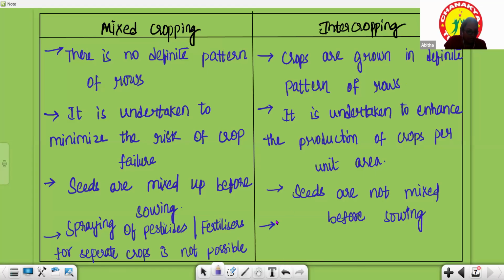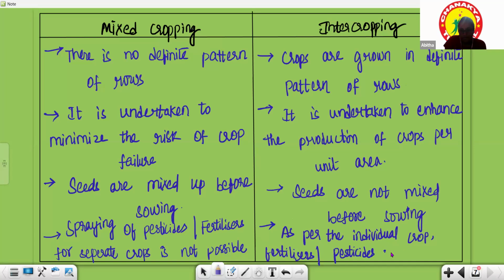Whereas here, individually, you can give attention to each crop. As per the individual crop, fertilizers and pesticides can be easily used.